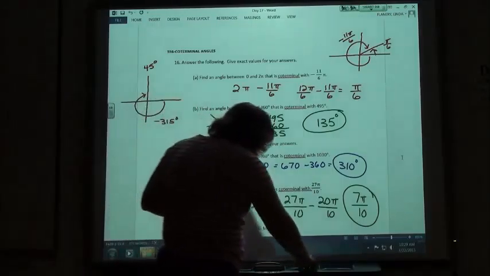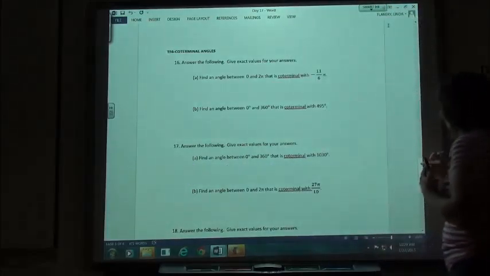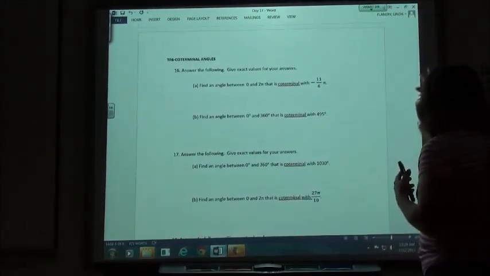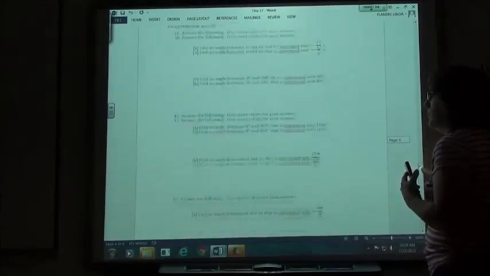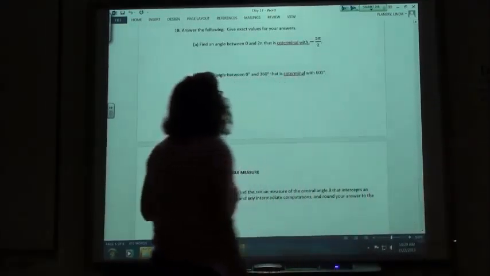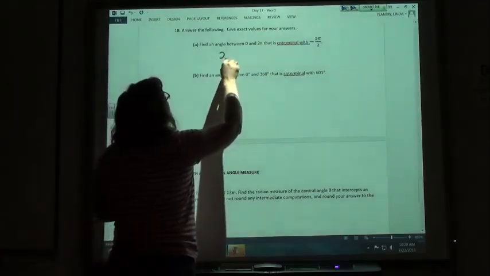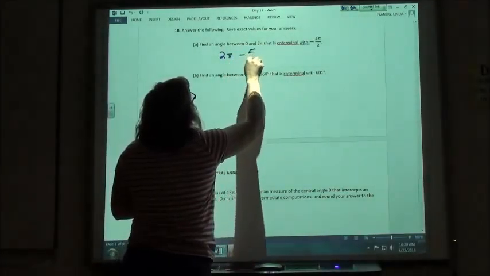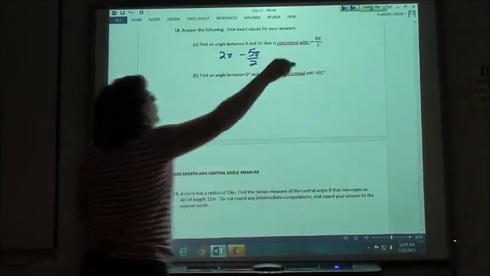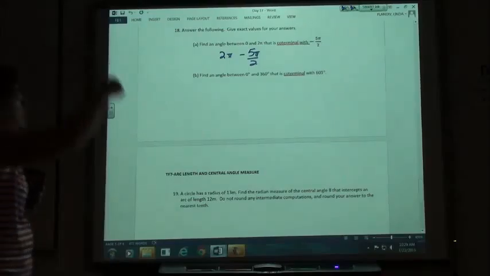And number 18, if I move my board up here. Number 18, we want to find the angle between 0 and 2 pi that is coterminal with negative 5 pi over 2. So if it's negative, we're going to start with the 2 pi and subtract our 5 pi over 2, and we're going to keep going until we get a positive number because we're going backwards around our circle.